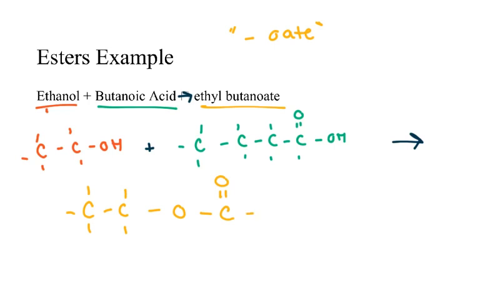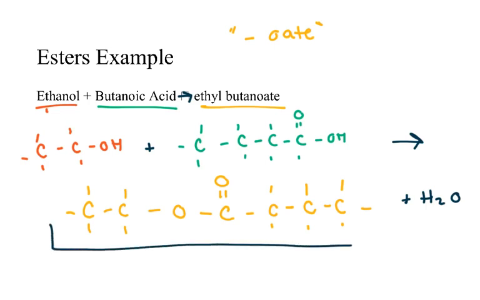Then we're going to put the part that comes from the butanoic acid. So we have 1, 2, 3, and then these are all going to be hydrogens. And it looks like everybody's happy. And then one of the products is water as well. But your ester is this guy right here. So that's our nice big ethyl butanoate.